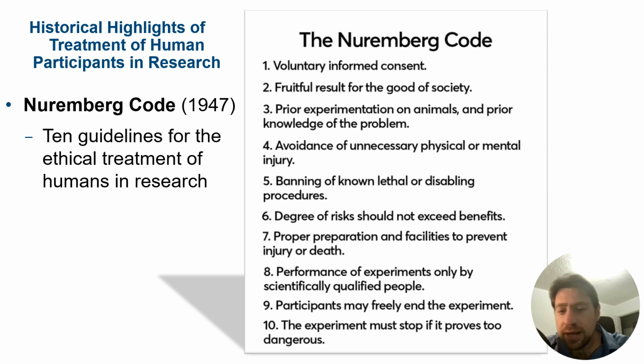4, avoidance of unnecessary physical or mental injury. This is pretty self-explanatory. If there is some risk associated with the study, it has to be because that risk is necessary and there's no other way of performing that study.